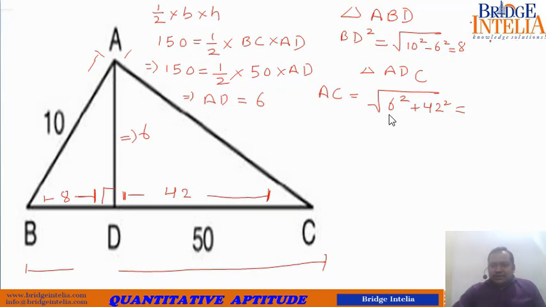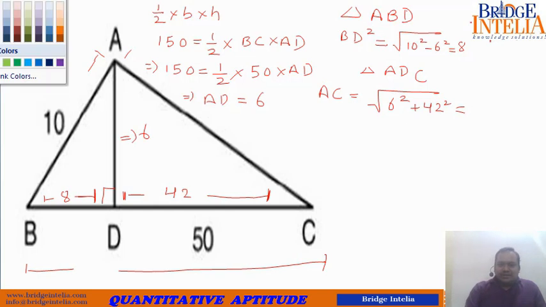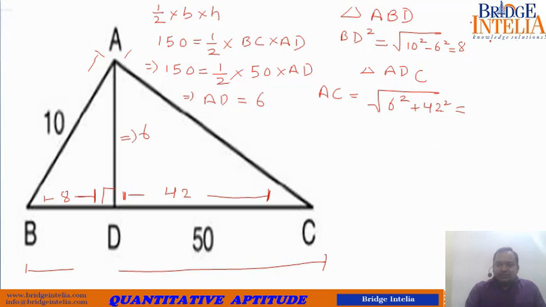or better still, you can make a smarter calculation here. If you realize that 42 is also a multiple of 6, then 6 square can be taken as common. So 1 square plus 7 square.